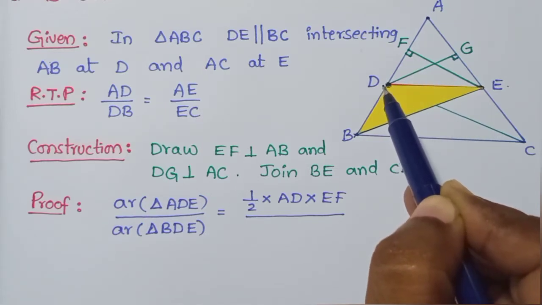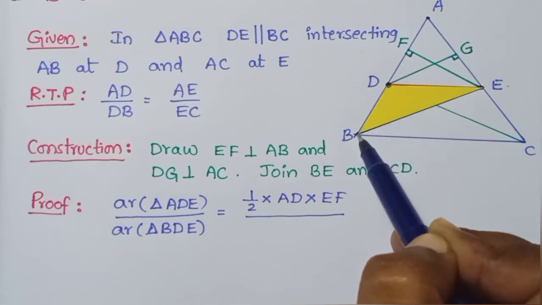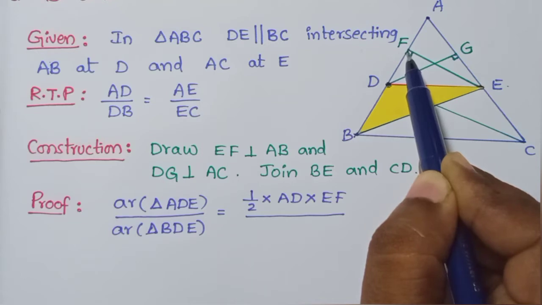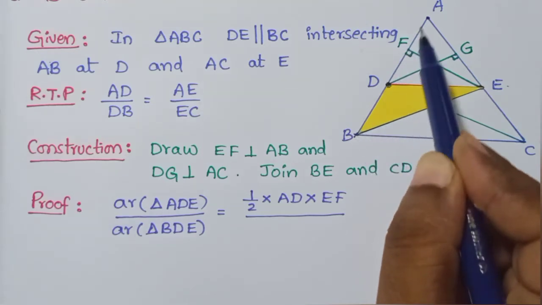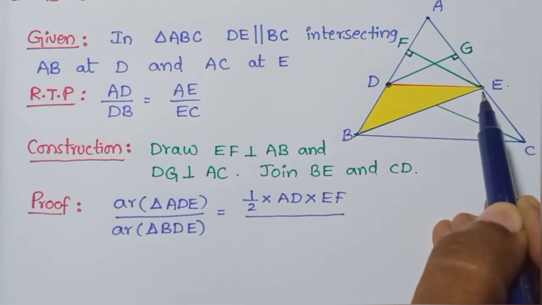So this is the triangle BDE. If you draw a perpendicular from the vertex E to the base BD, it will fall outside of the triangle. So for this entire side AB, EF is the perpendicular from E.